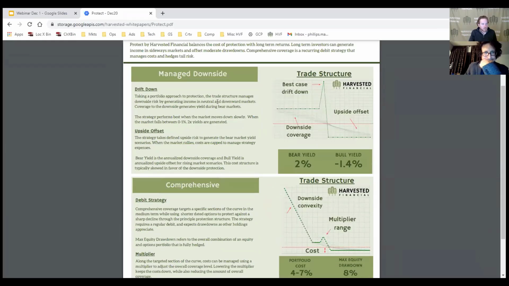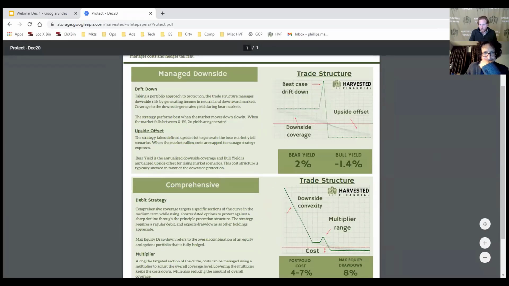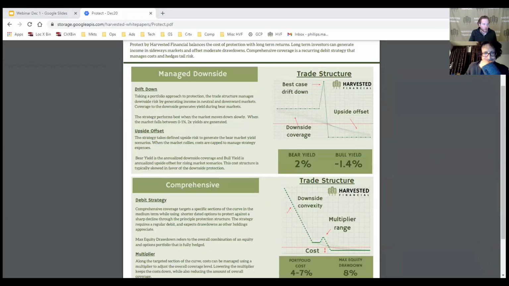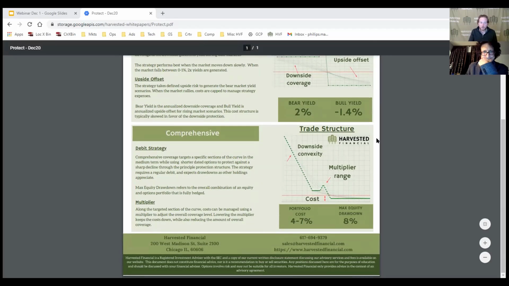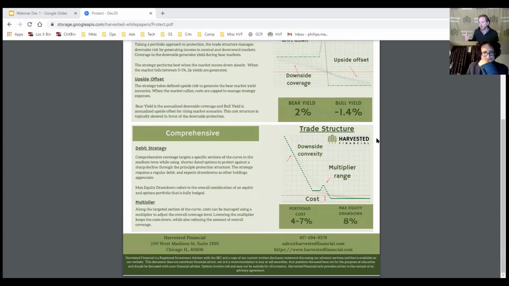So structured as a portfolio, we're looking to maintain that overall exposure, and that's much more what this managed downside looks like. That's going to be that bear yield that's positive that Ian was talking about, with that bull yield that's going to be a negative number and cost you, because protection costs money in the options markets. But in terms of layering some of the strategies, that's what we look for in our comprehensive form of protection overall.